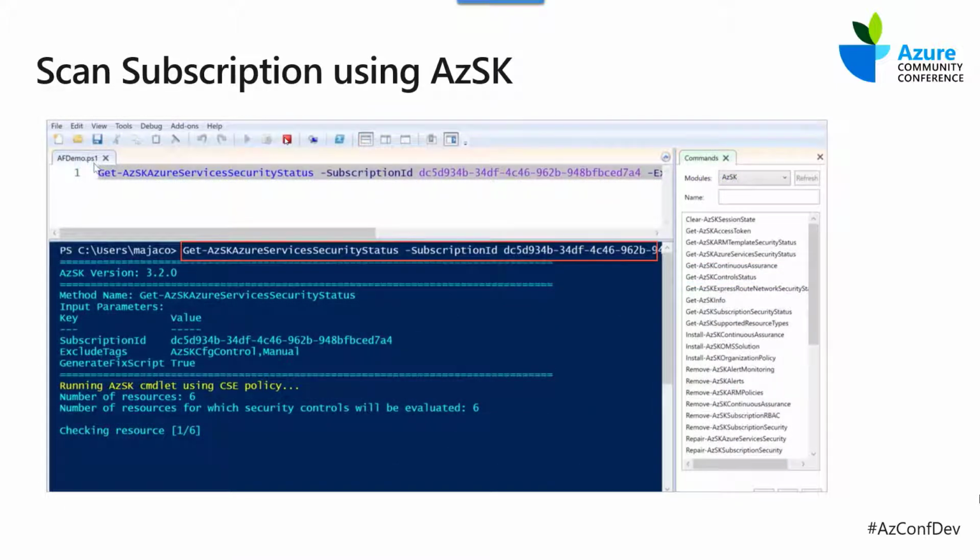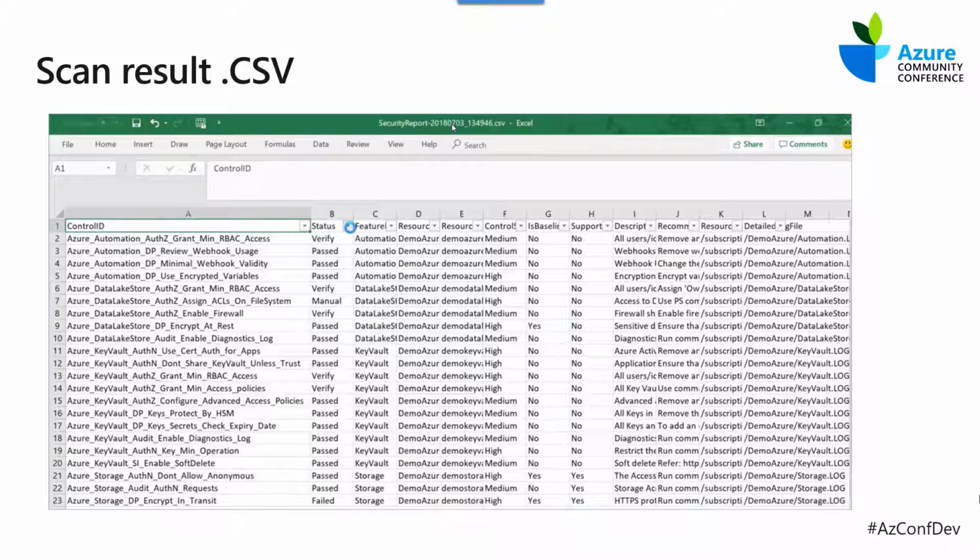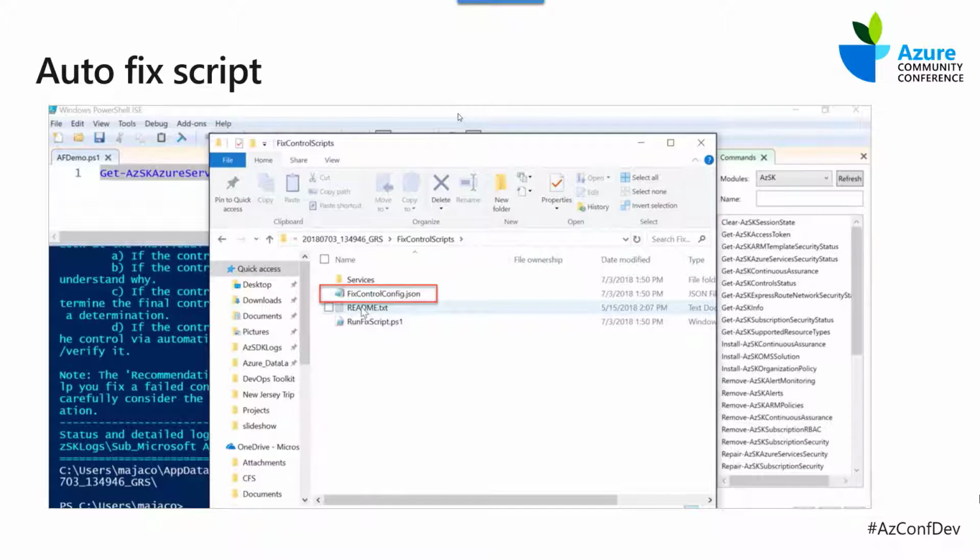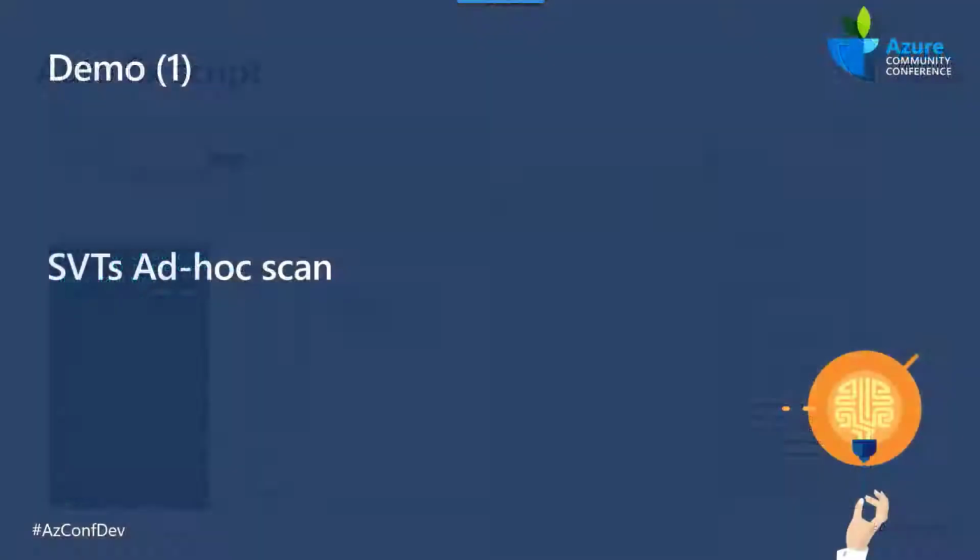Once we run that, it will scan the subscription. This will generate a CSV result with all the controls scanned, with the status and also a description. We will see that in the demo in detail. It can also generate an autofix script, so I can run this PowerShell script to fix the problem.